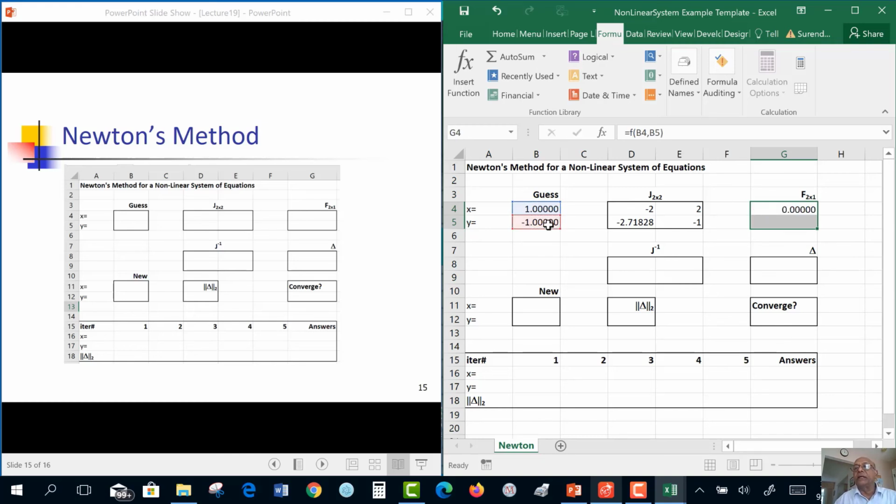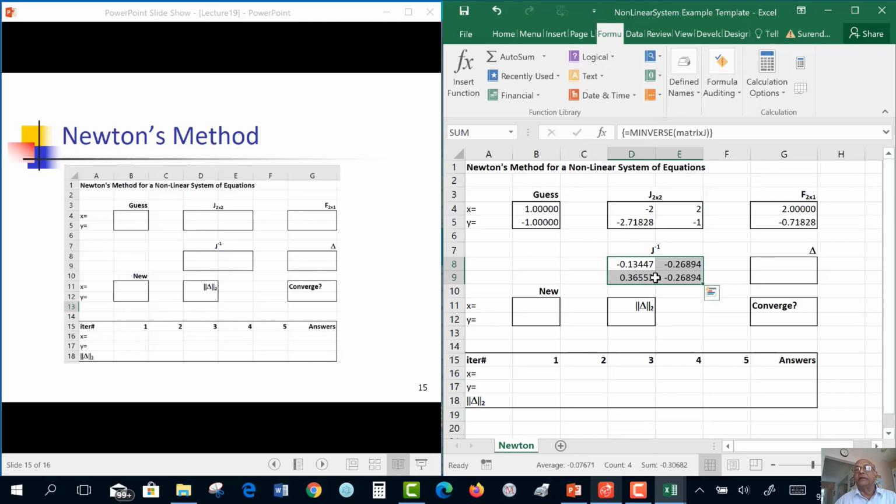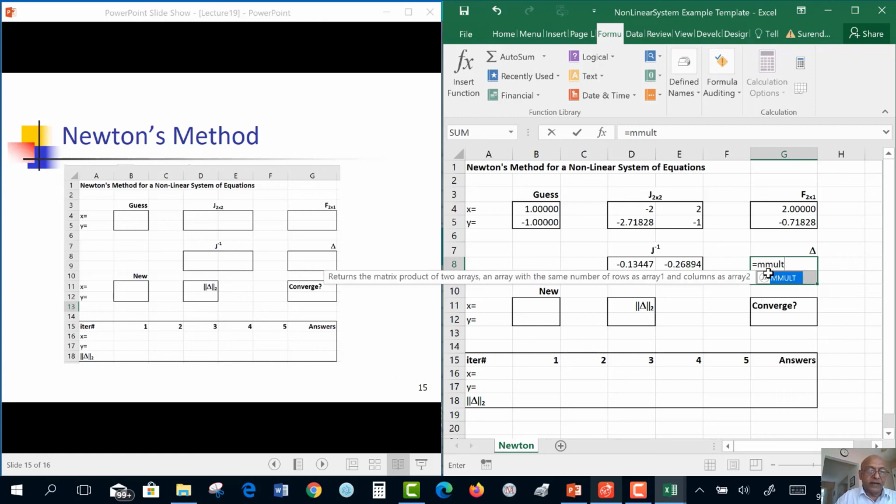Control, shift, enter. All right, we want to take J inverse. So we are going to write M inverse of matrix J. Control Shift Enter. So now our delta would be matrix multiply of J inverse by matrix F.